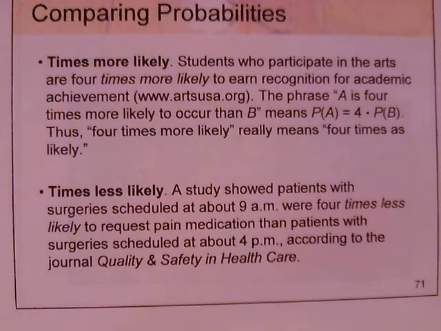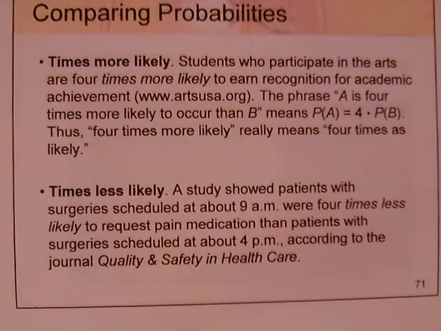And times less likely, in this situation, a study shows patients with surgeries scheduled at about 9 a.m. were 4 times less likely to request pain medication than patients with surgery scheduled at about 4 o'clock p.m., according to the journal Quality and Safety in Healthcare.